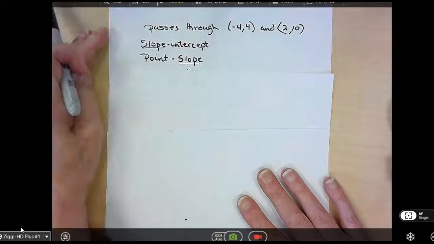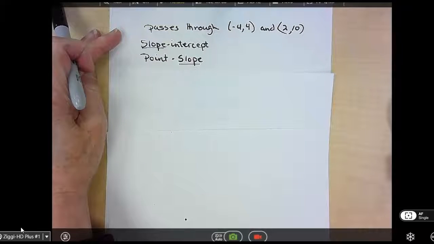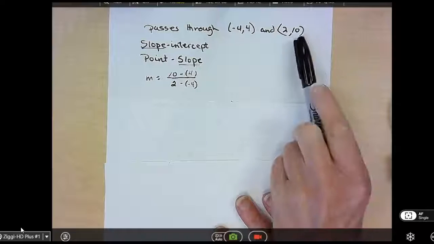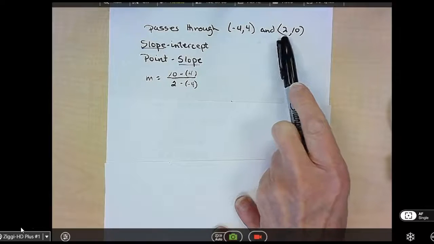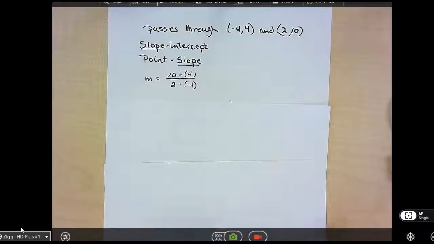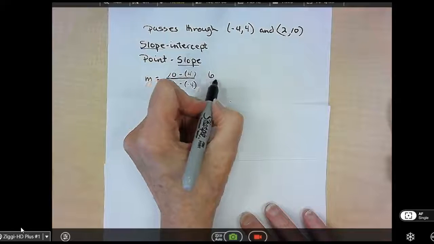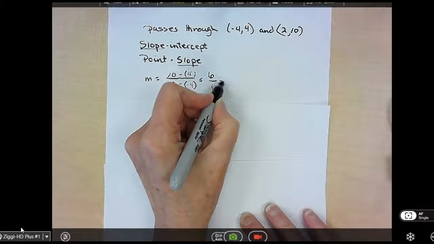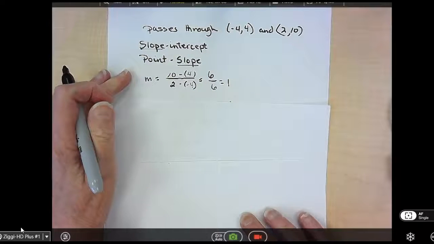So that's a reminder, whenever you're coming up with an equation of a line, you start with the slope. So 10 minus 4 over 2 minus negative 4. So 10 minus 4 is 6. 2 plus 4 is 6, so my slope is 1.